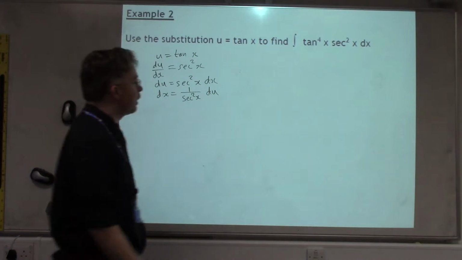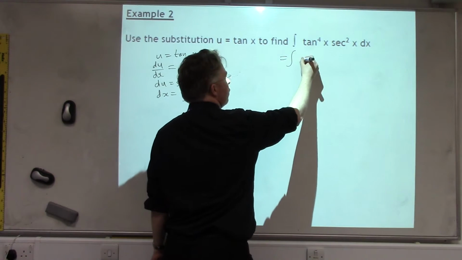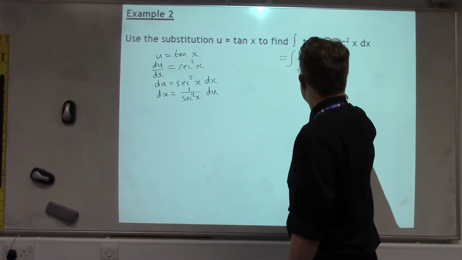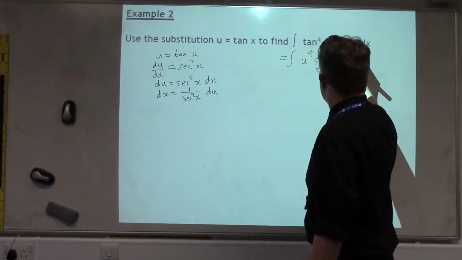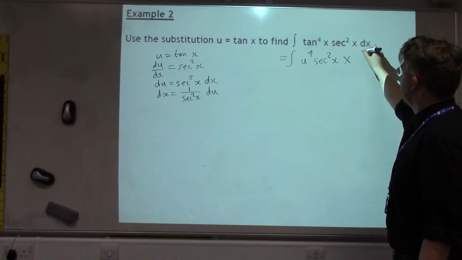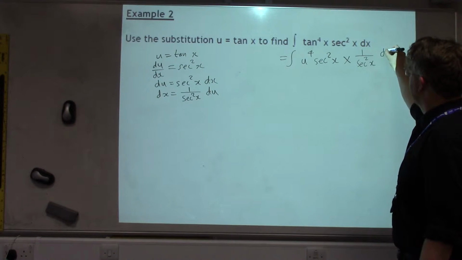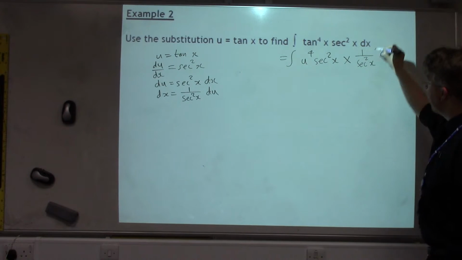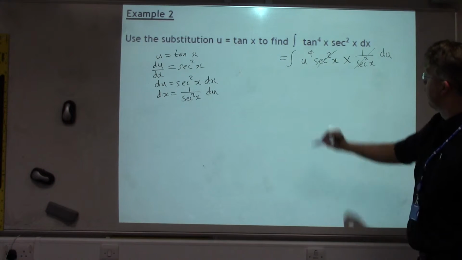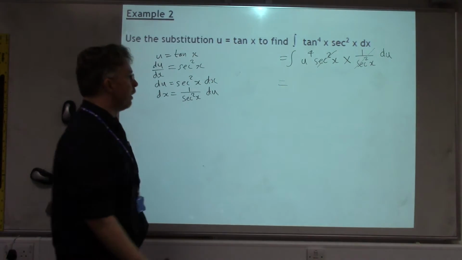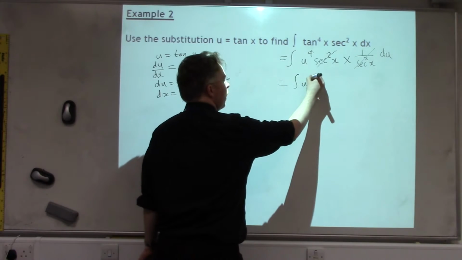U is tan x, so we get that it's equal to u to the 4 times sec squared x times 1 over sec squared x du. In this case, the sec squareds cancel. So we end up with a much easier integral, the integral of u to the 4 du.